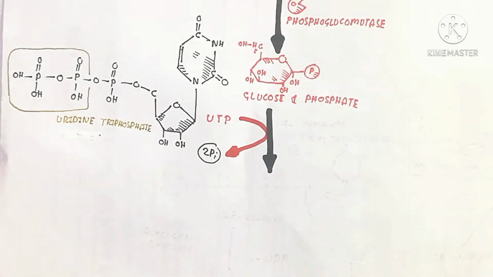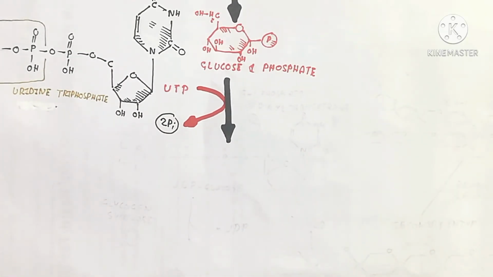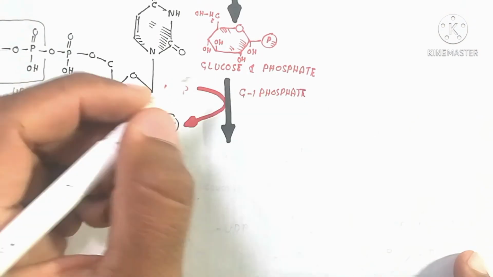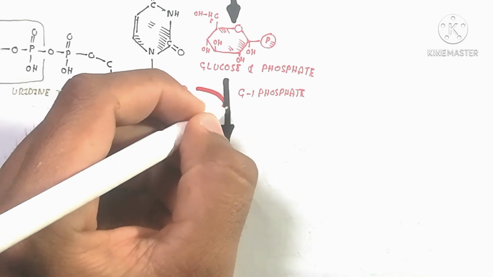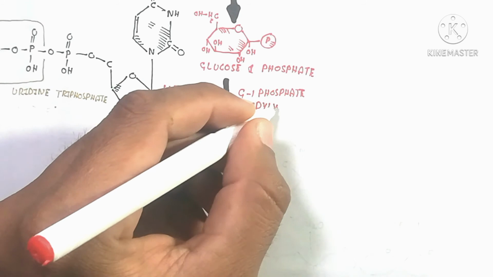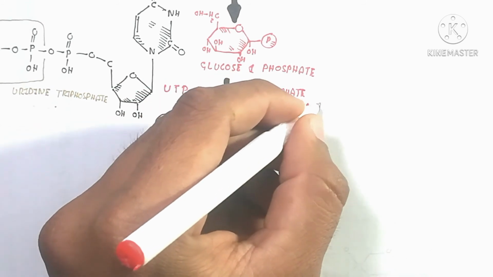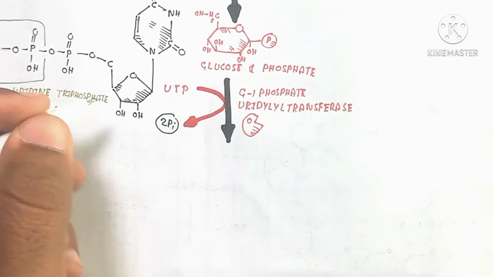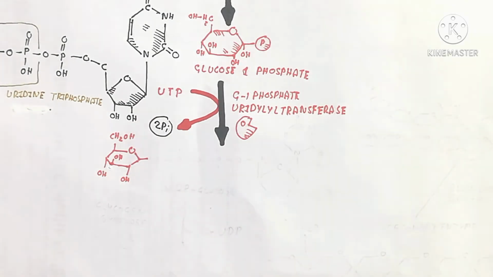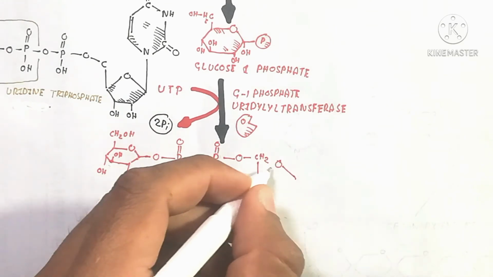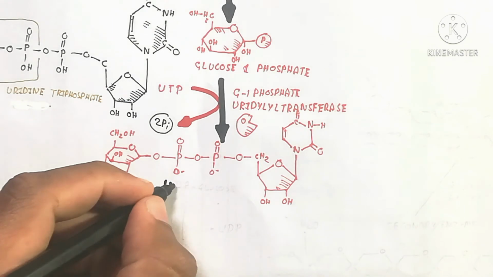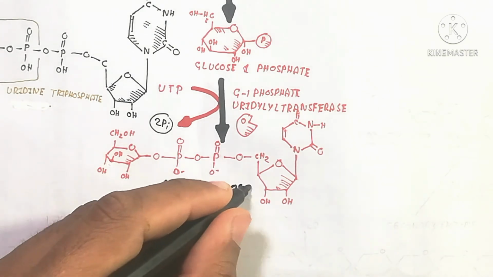So their structure will be here. We will discuss the structure of UDP glucose. Remember that UDP glucose is the precursor for the synthesis of glycogen. So here is the G1 phosphate, and uridylyl transferase enzyme is used to make UDP glucose.